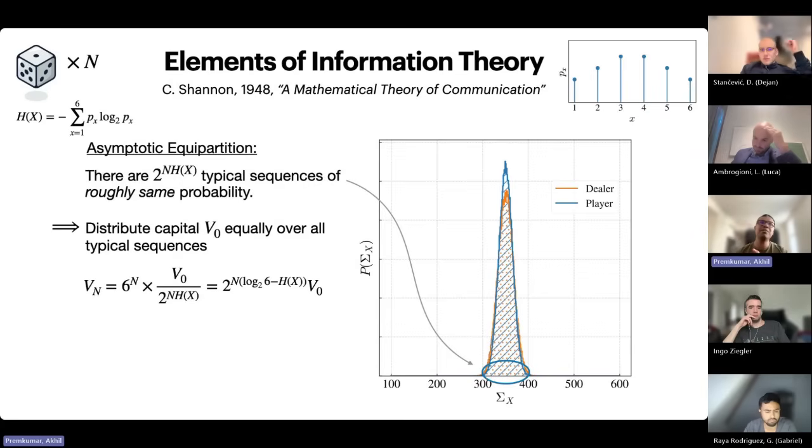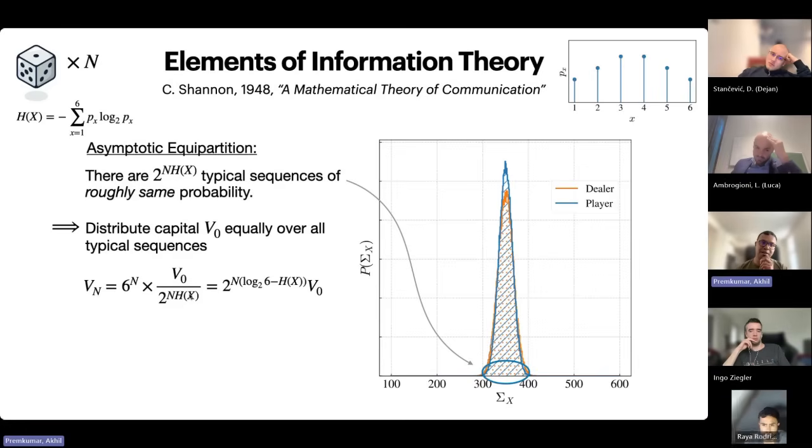It's going to win with a probability 1 over 2 to the power h_x. And you placed V0 over that number of dollars in that bet. And that bet multiplies by 6 to the power n, because that is the sequence which will win at every turn. So how do you know in advance that the sequence is typical or not?